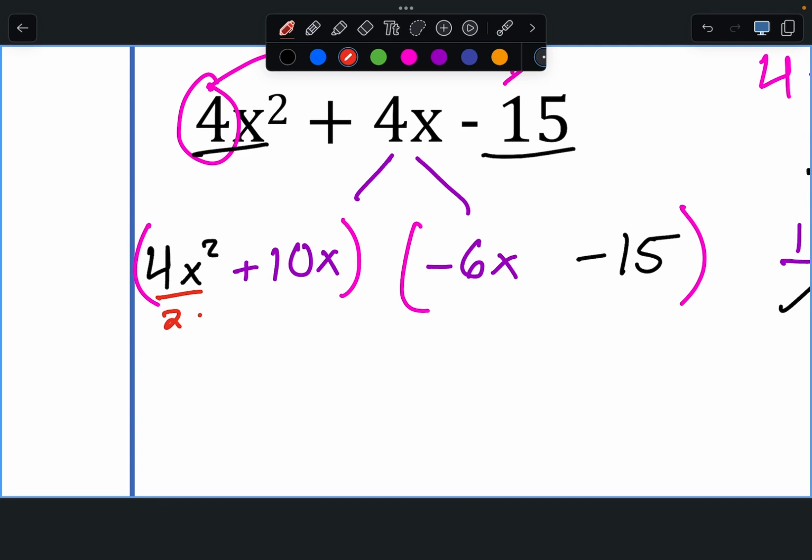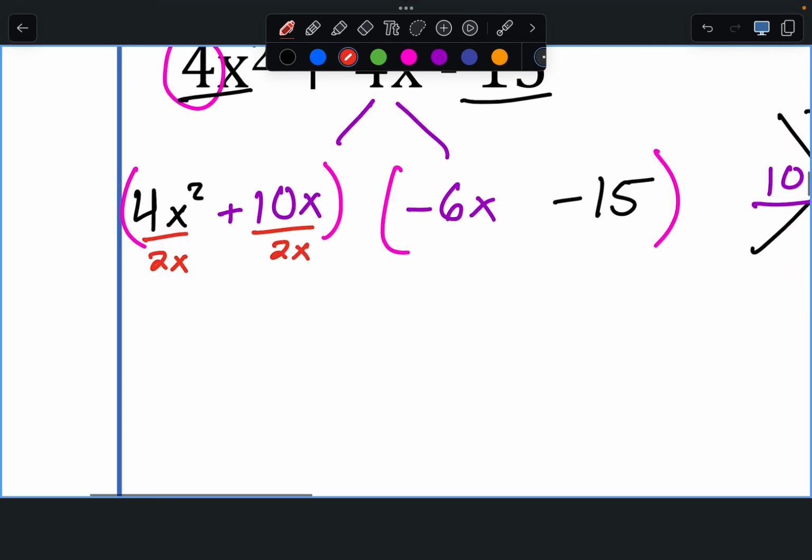So I'm going to divide this by 2x. I'll have 2x times 4x squared divided by 2x, which is just 2x, and 10x divided by 2x is positive 5. Again, if I do this correctly, my set of parentheses on the other side should also be 2x plus 5.